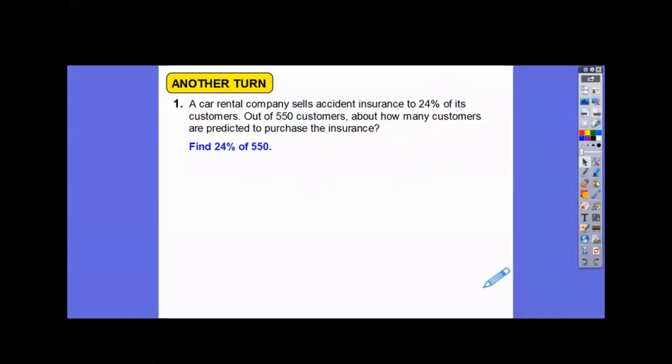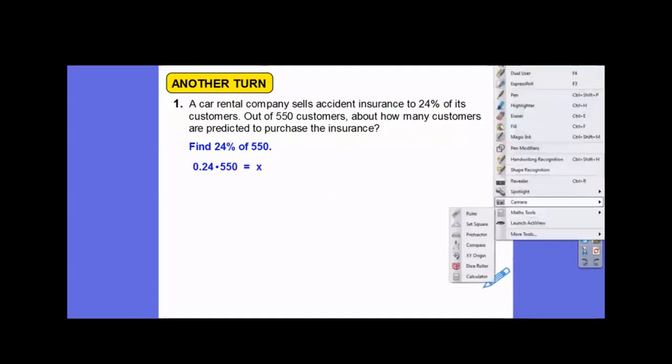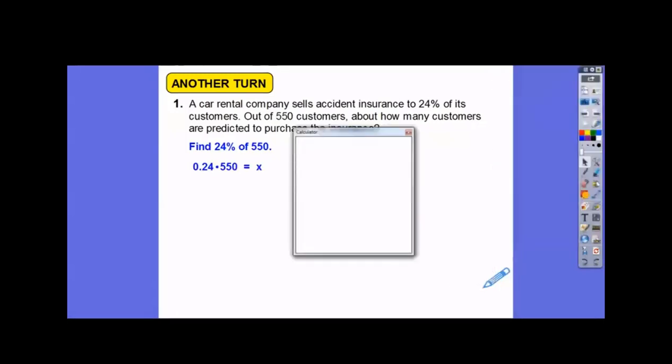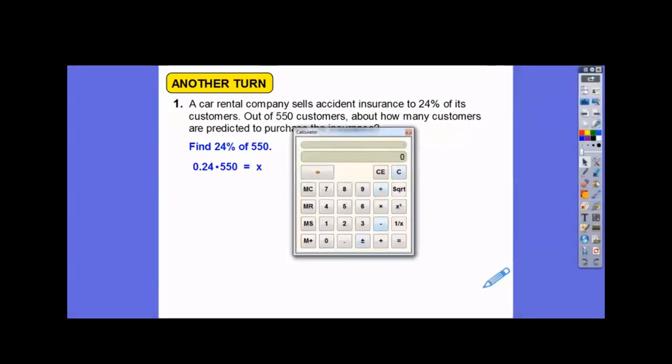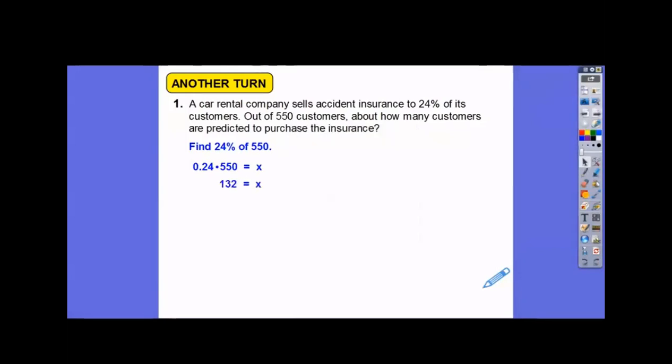We have the percent already, so we will find 24% of 550. 24% means 24 over 100, in decimal form 0.24 times 550. The value of x will be 132. So about 132 customers are predicted to purchase insurance.